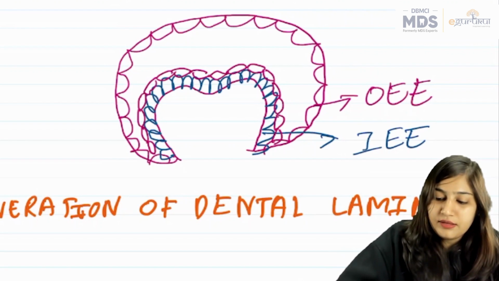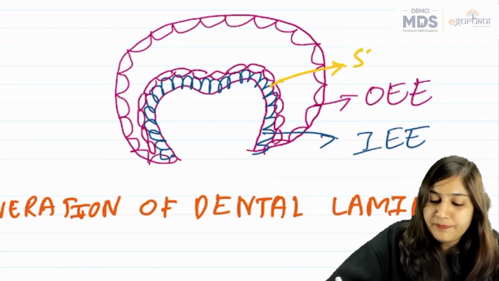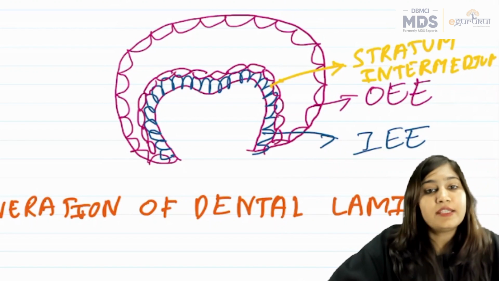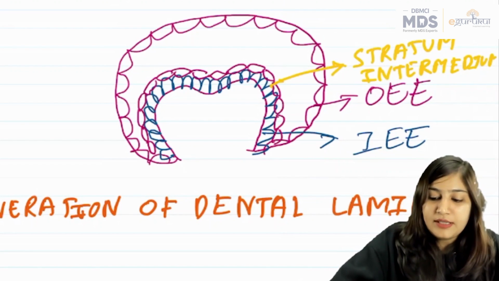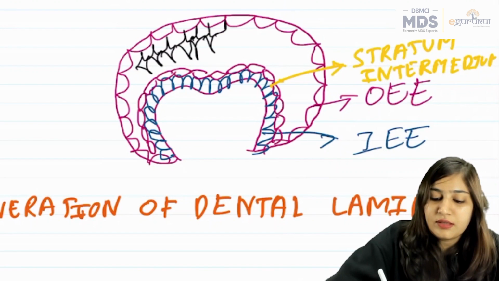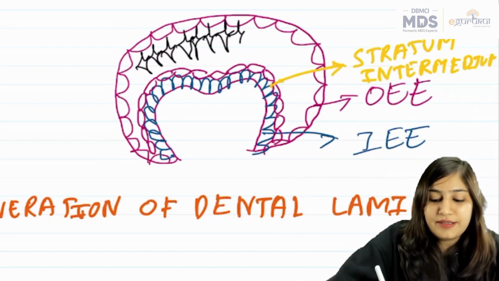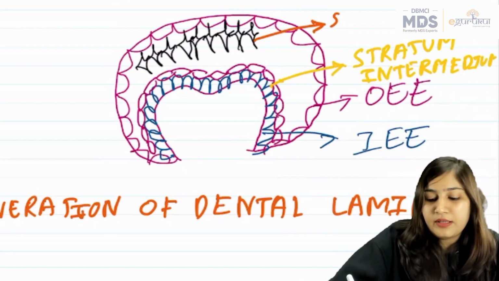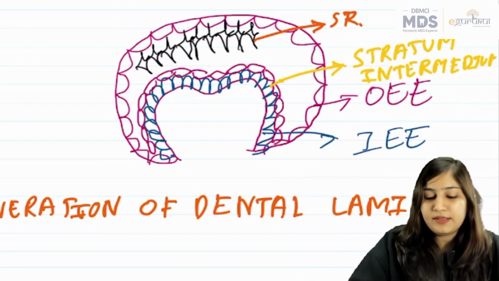This layer is stratum intermedium. And just above the stratum intermedium are stellate reticulum cells.